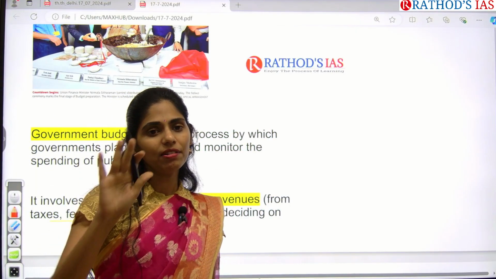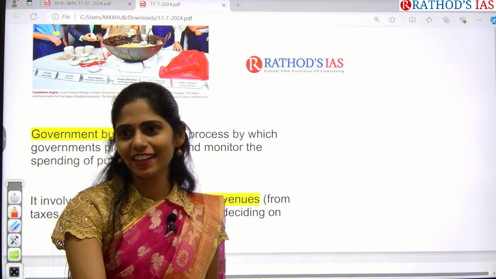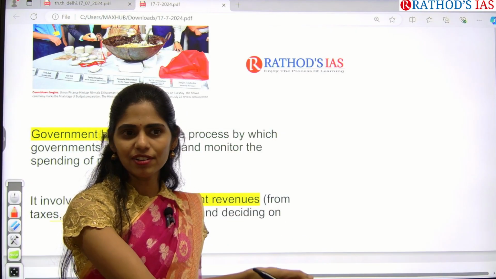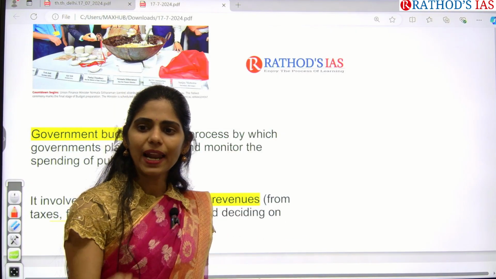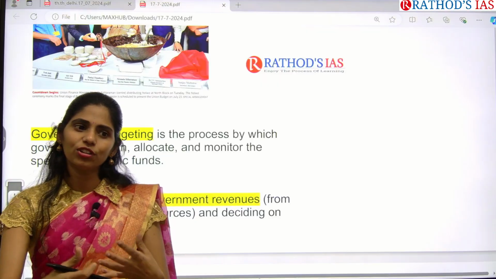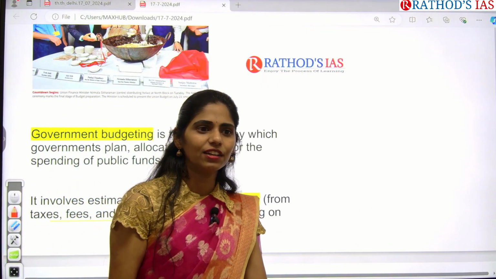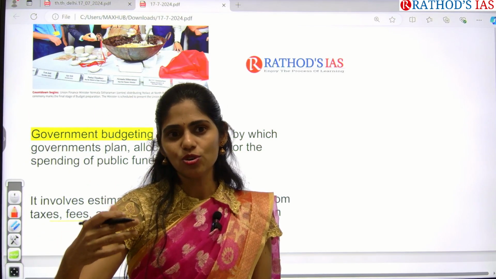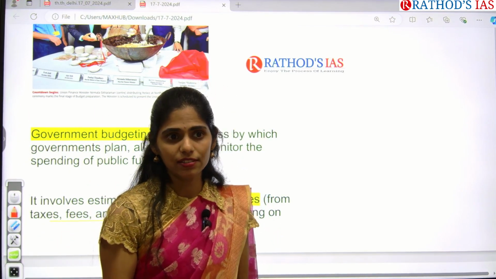Apart from this revenue, the government will also be spending, right? Where is the government spending? We have planned expenditure and non-planned expenditure. Planned expenditure means what they have to pay on a monthly basis, for example salary for government officers, or rent, or if they are getting any loans, they have to pay interest on those loans.